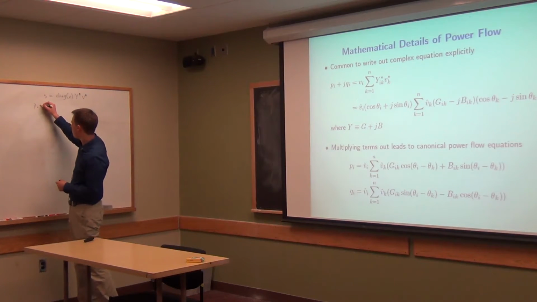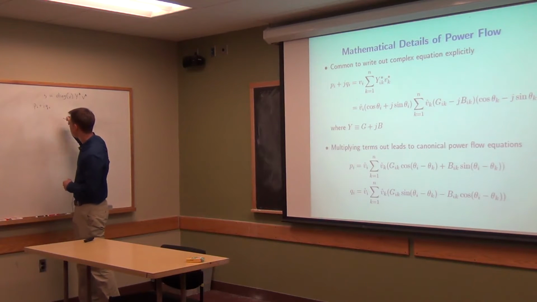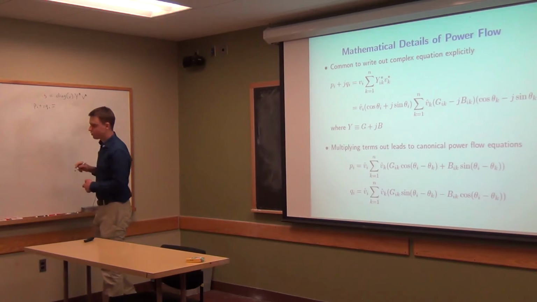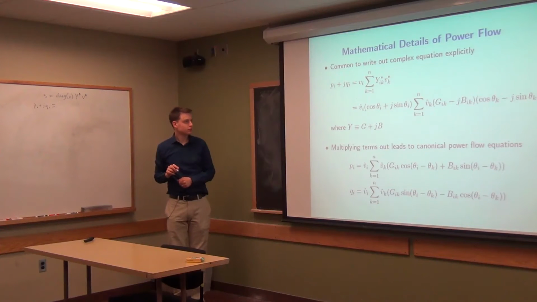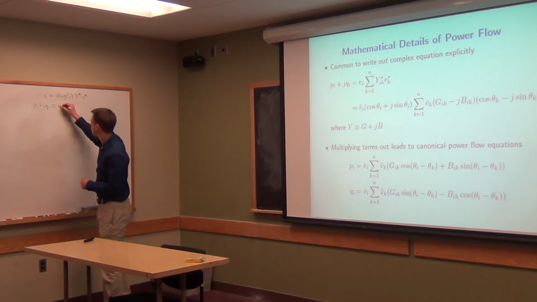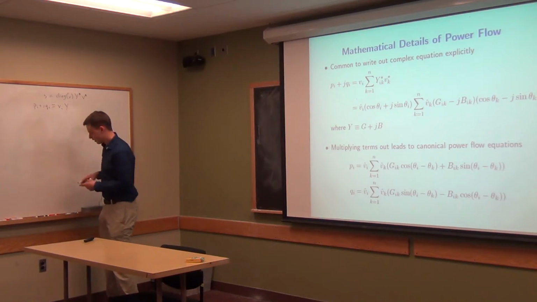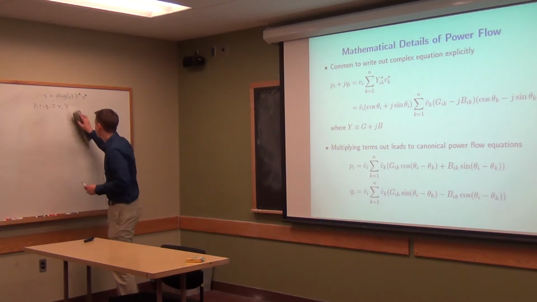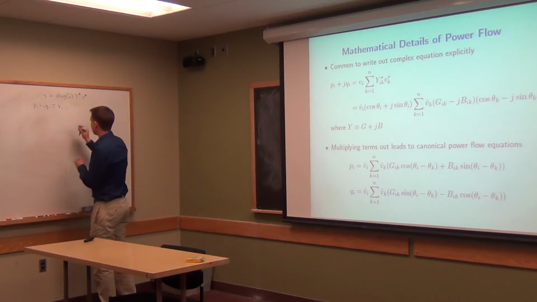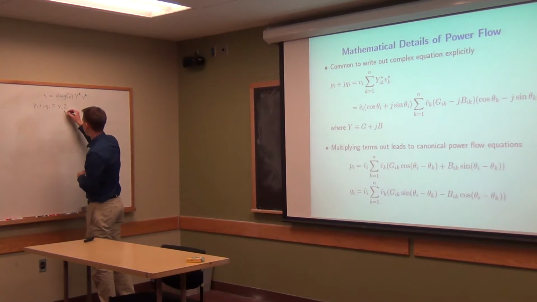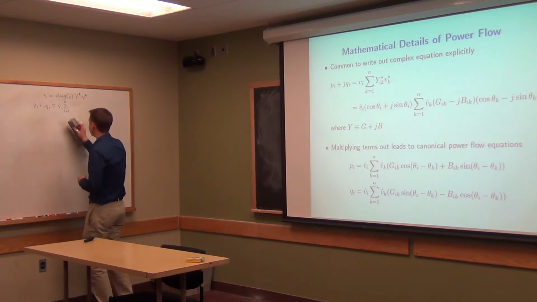So we're going to say the power, which has a real and reactive component, is equal to this first voltage, V_i, times, I'll write it out term by term, the sum from k equals 1 to n.